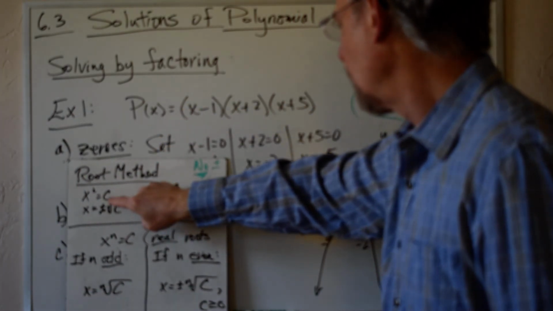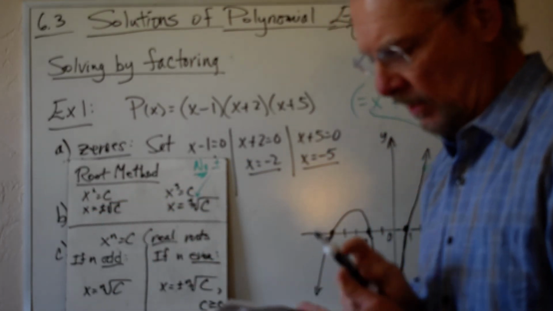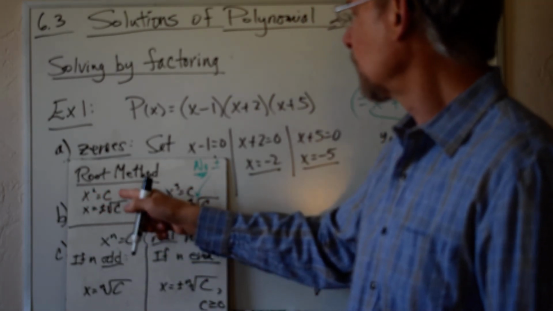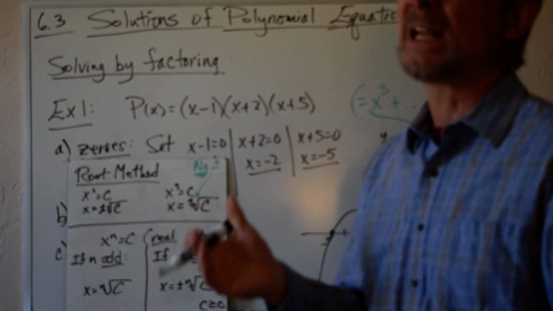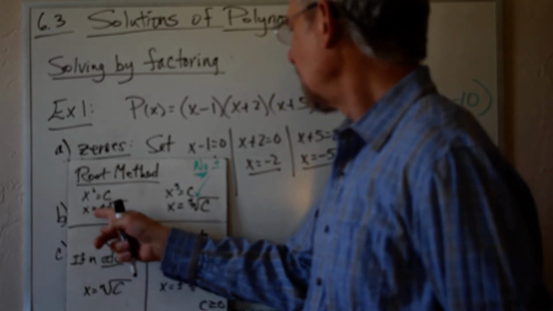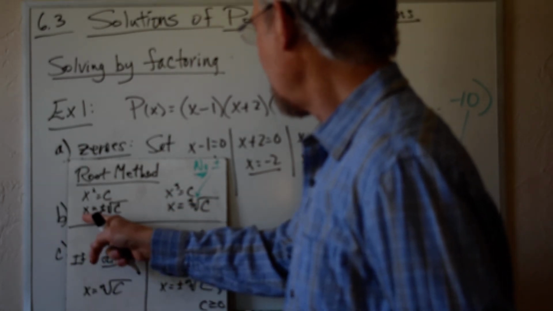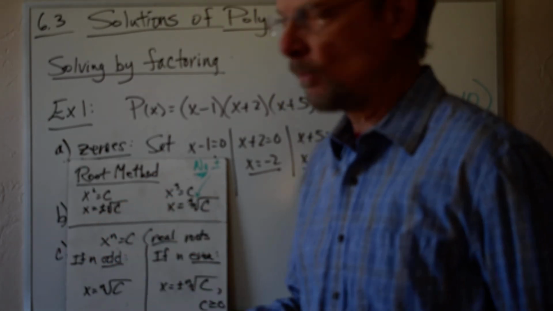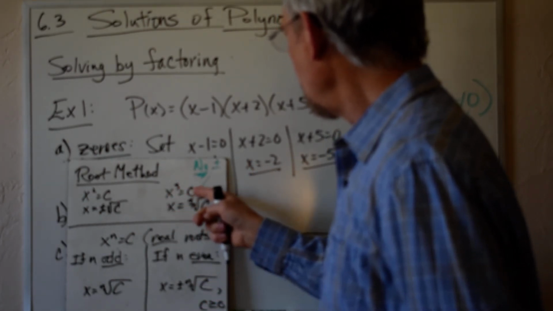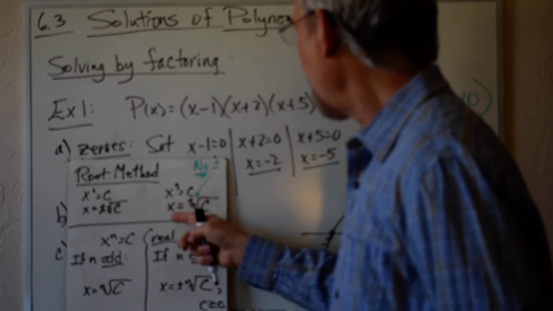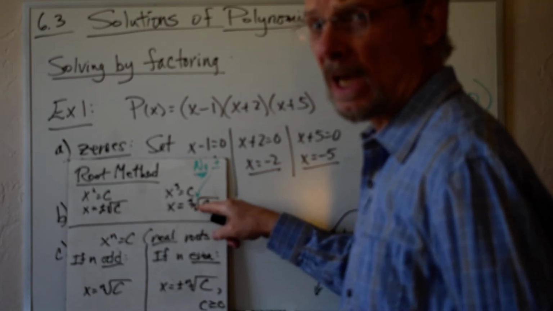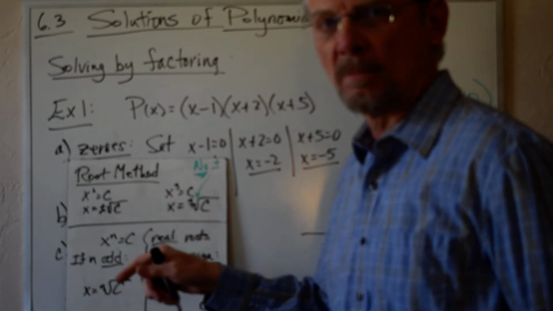We've seen, and this is on page 459 in your textbook, that if x squared equals capital C, and notice they use a capital because they mean any algebraic expression, not just strictly a constant, then x equals plus or minus the square root of C. We know that from the past. And we've also seen that if x cubed equals some expression C, x equals the cube root of C. Now notice there is no plus or minus sign here because 3 is an odd number.